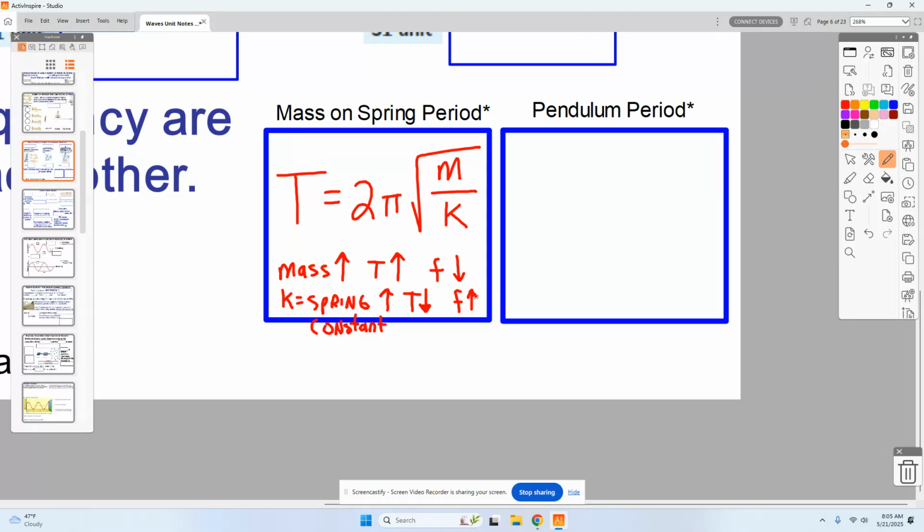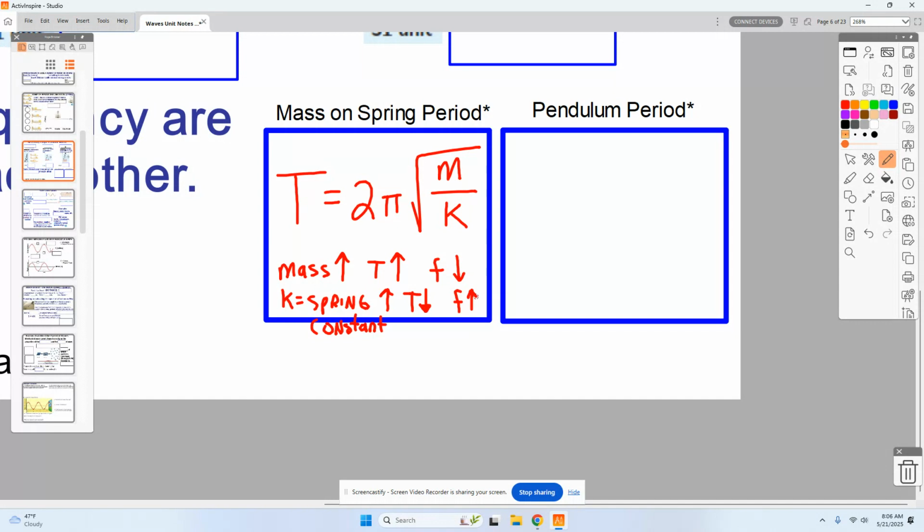So clearly if I double the mass, I would not double the period because there's a square root in there. So if I put 4 times the mass, the square root of 4 is 2, and so that would double that period. Okay. So thankfully, I actually have 2 kilograms of mass here.